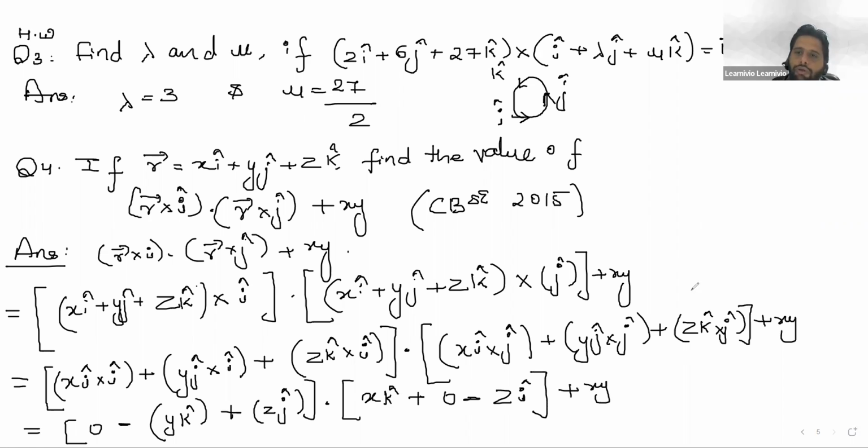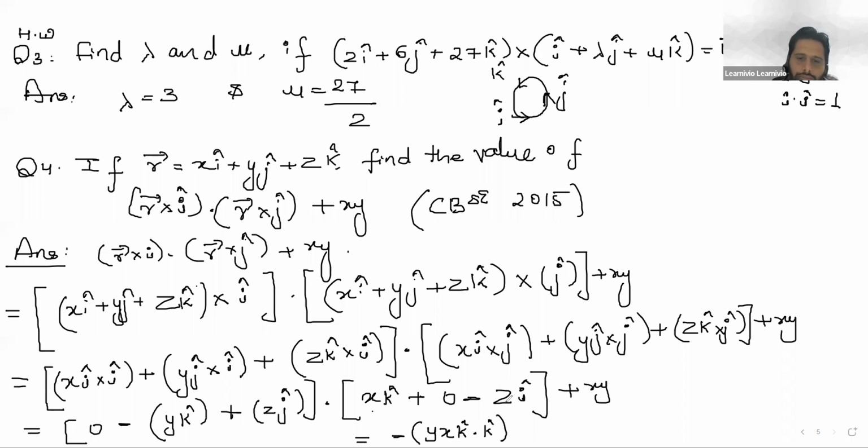Now dot product is what? i dot j is 0, i dot i is equal to 1. So here we will do minus yk cap into x k cap. So y into x, then k dot k.